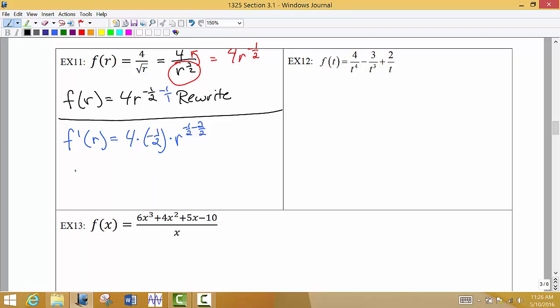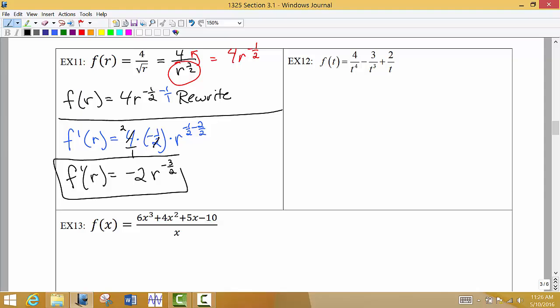So now let's simplify this. So now here's my derivative in simplified form. We'll think about this as 4 over 1. 2 goes into 4 2 times, so I end up with negative 2 times r to the negative 3/2 power. Okay. So really important that you can distinguish from rewriting the original function and actually taking the derivative of that function. Okay, so be careful there.